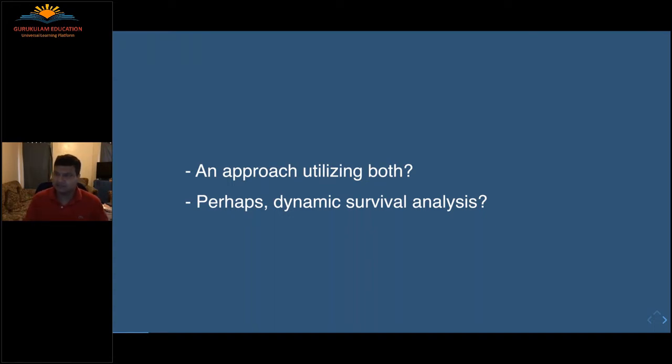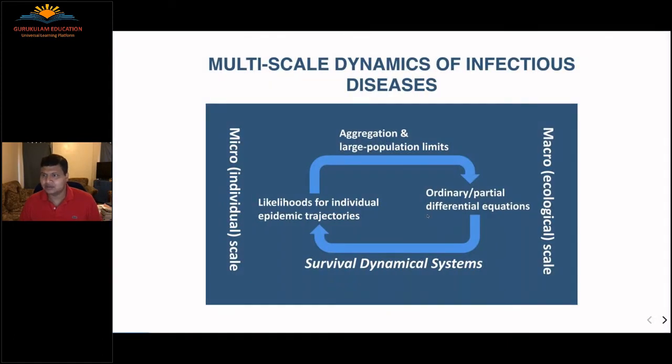You have a mechanistic component, where you try to explain the underlying mechanisms, and then a statistical component that allows you to do parameter inference. This is the broad picture of what dynamic survival analysis is.